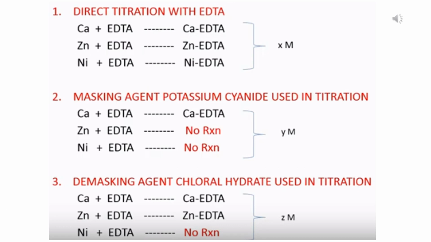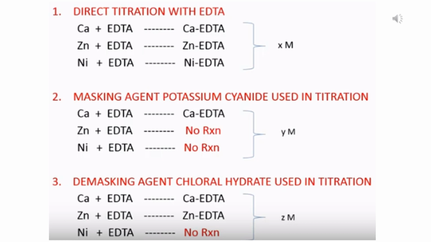Here we can see that in direct titration, calcium, zinc and nickel, all three of these metal ions can react with EDTA and form a calcium EDTA complex, zinc EDTA complex or nickel EDTA complex, and we give this the name Xm. Now suppose a masking agent, potassium cyanide, is used in the titration.